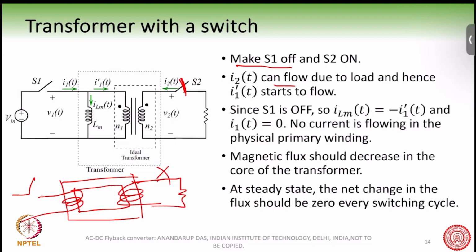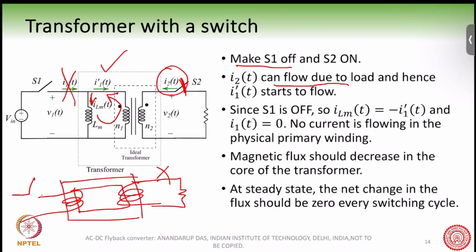I2 can flow due to the load, and since I2 is flowing, therefore I1 dash also must flow. But now S1 is open, so therefore I1 cannot flow, because S1 is open.